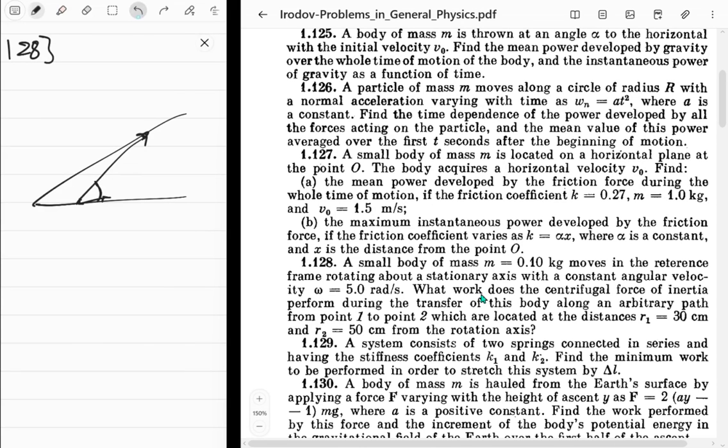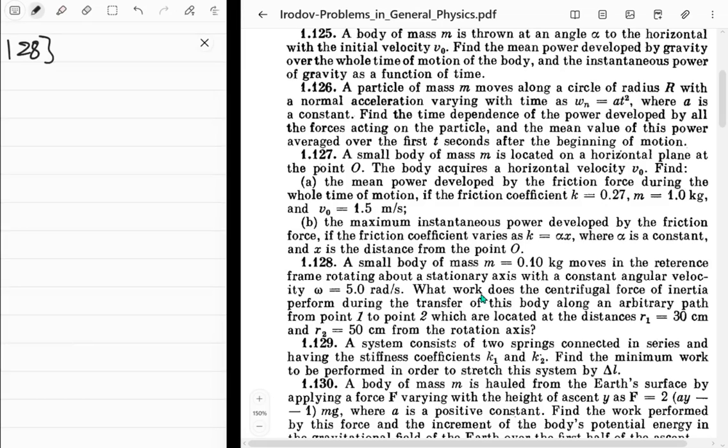So this whole tangential path is not used, and it's just the difference of the radii times the centrifugal force. That's our work done, of course, outward.